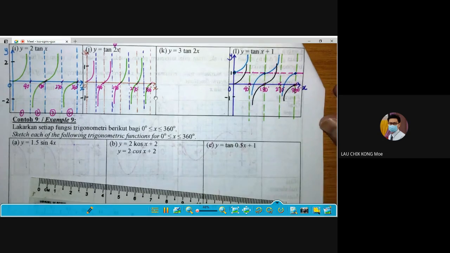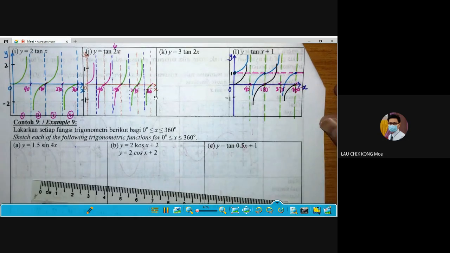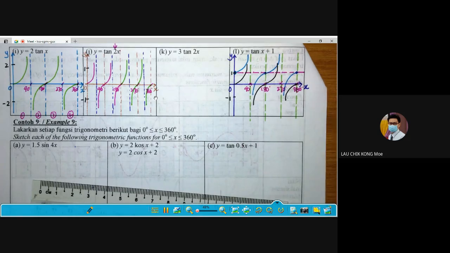Okay, ready? So if ready, we go to example 9. So this morning, you only need to snap example 8 to me, A to L. The page 97, A, B, C, D, E, F, G, H. And then page 98, I, J, K, L. So every student 2 photos, page 97, 98.